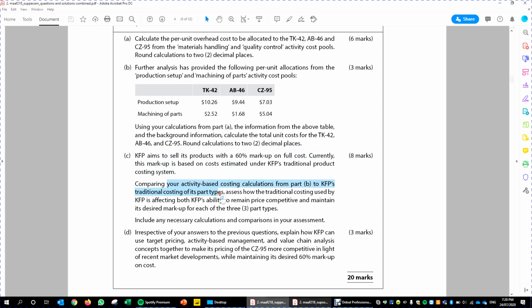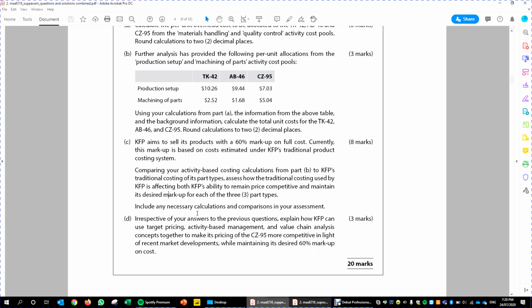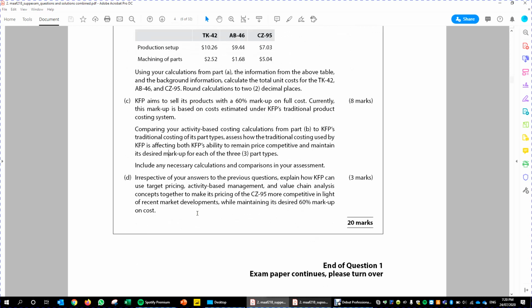Compare your activity-based costing to traditional costing to see how the traditional costing used by KFP is affecting their ability to remain price competitive and maintain its desired markup for each of the three parts. Okay, irrespective of your answers above, explain how they can use target pricing, activity-based management, value chain to make its pricing more competitive in light of recent market developments.